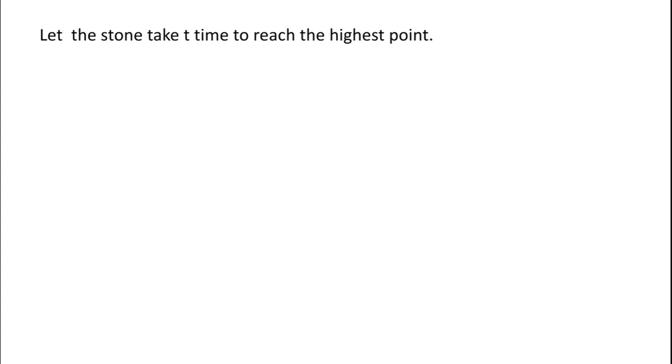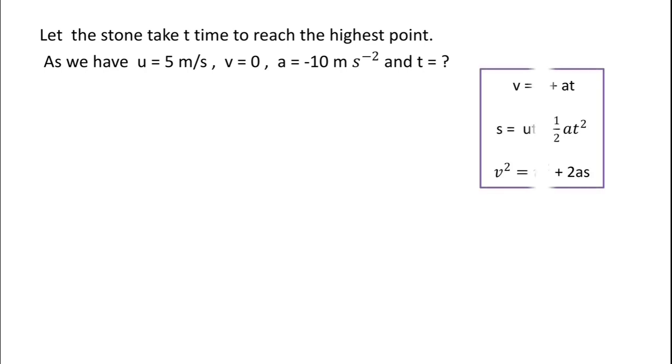Now let the time taken by the stone to reach the highest point be small t. Again we have the value of initial velocity 5 meter per second, final velocity as 0 and acceleration as minus 10 meter per second square. So we have to find such an equation which contains final velocity, initial velocity, acceleration and time. So let us find out.